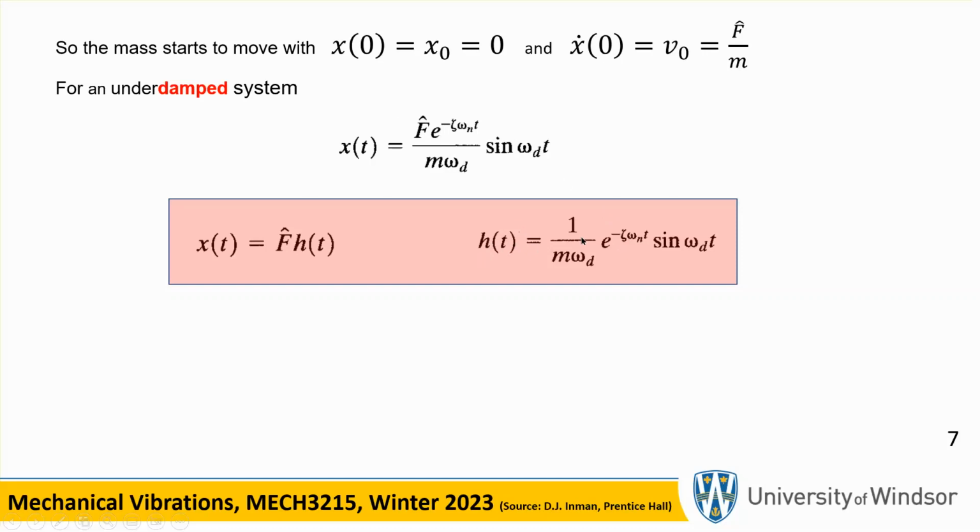h of t. Notice that this response of the system due to the hit with a hammer, an impulsive force, is written as impulse response function times an f hat right there. This is the response of the system.